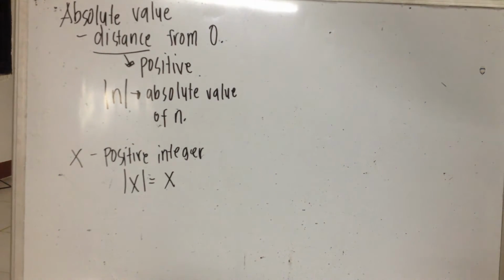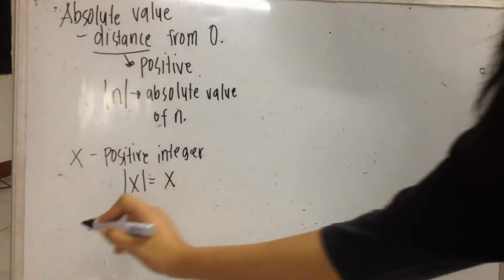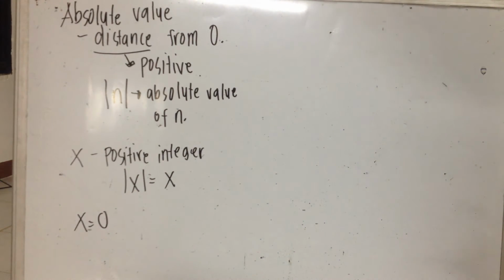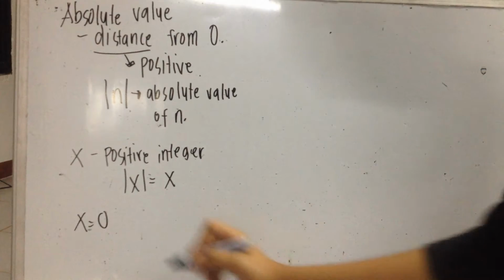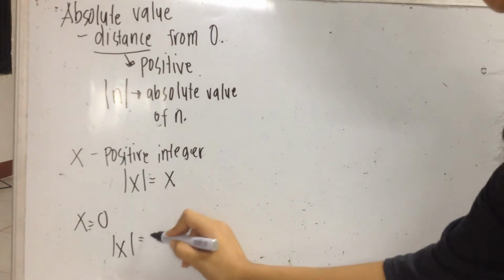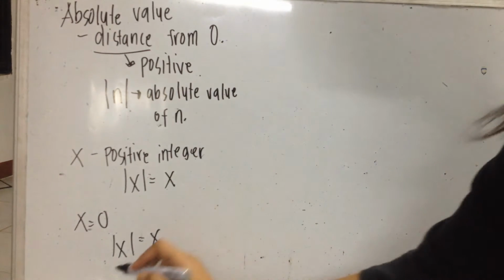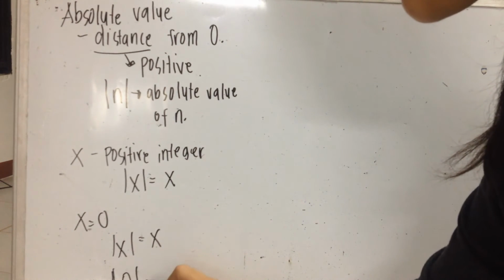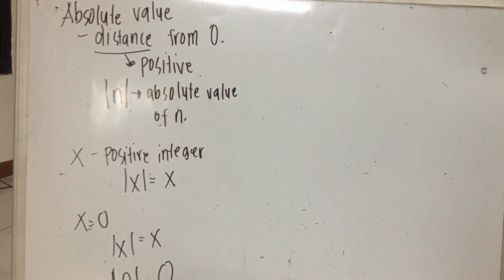And then, if x is equal to 0, then the absolute value of x is x. For example, absolute value ng ating 0 ay 0.